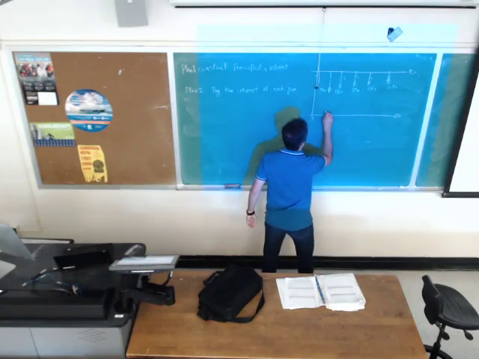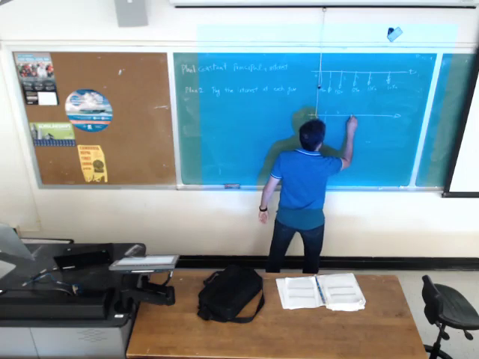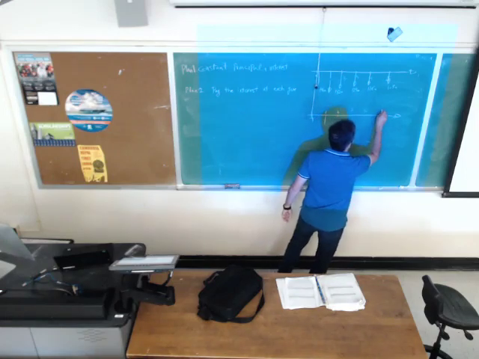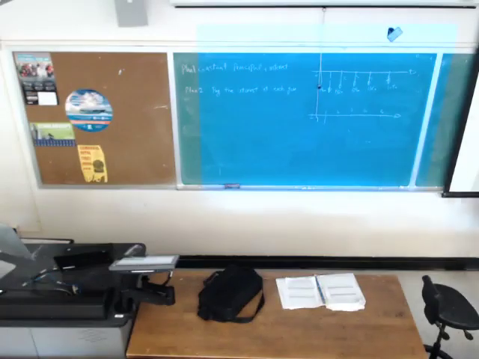Zero, 1, 2, 3, 4, 5. At the beginning of the first year, we owe $5,000. After first year, we have to pay $400. We don't pay anything for the principal. We are going to pay only interest. So $400 is going to be the money that we pay to the bank at the end of first year.